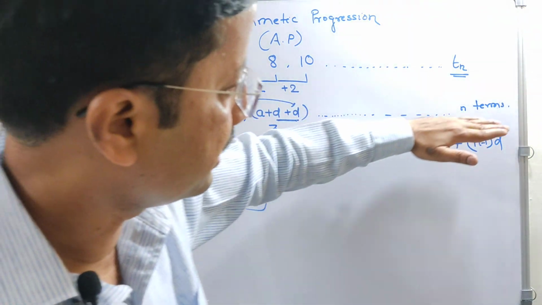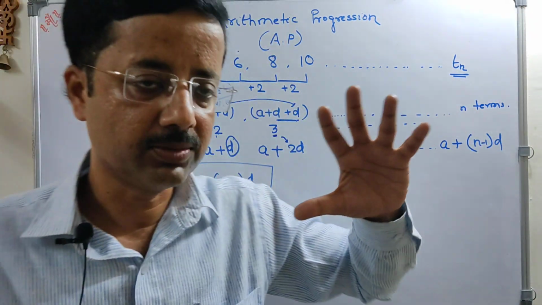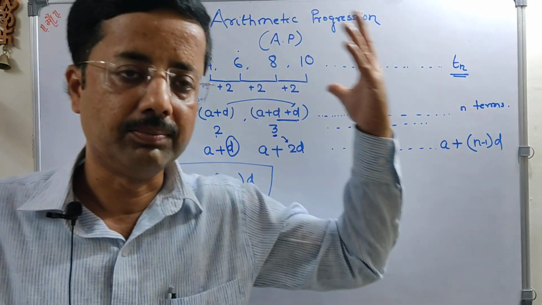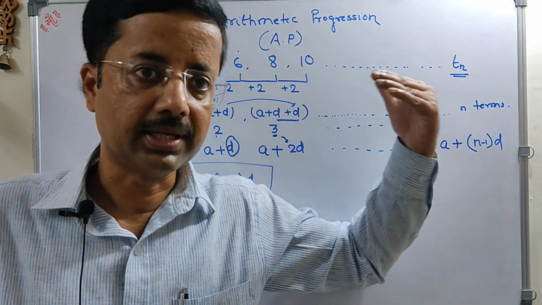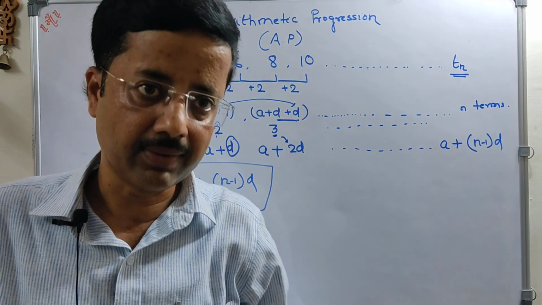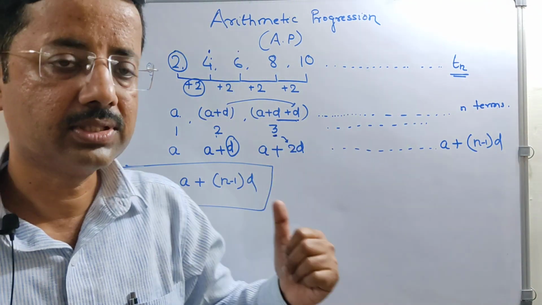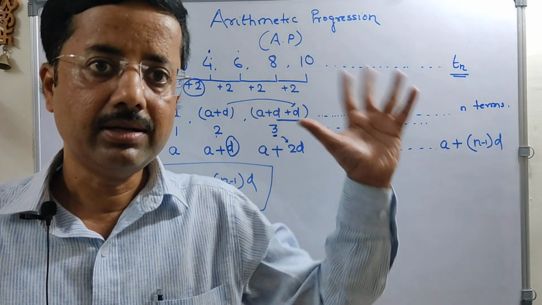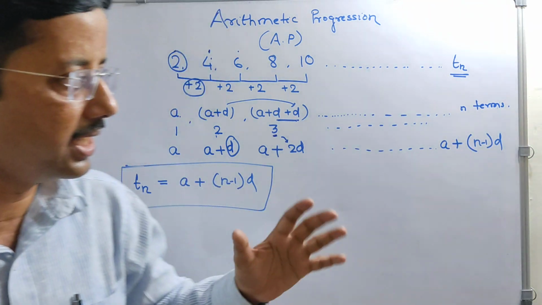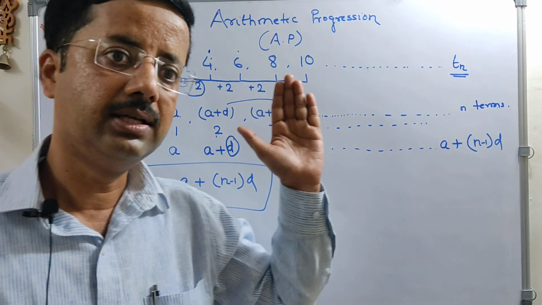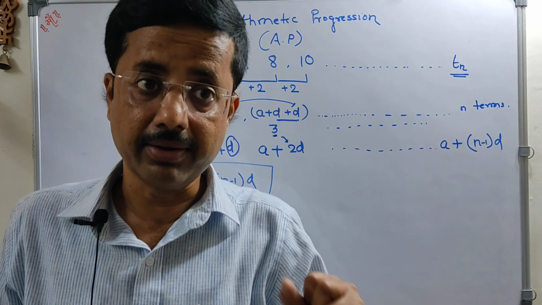Similarly, I have written here the nth term, with n written for making the formula. n can have any value: 1, first, second, third, fourth, fifth. So we have generalized the nth term.